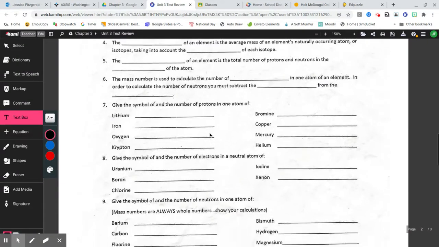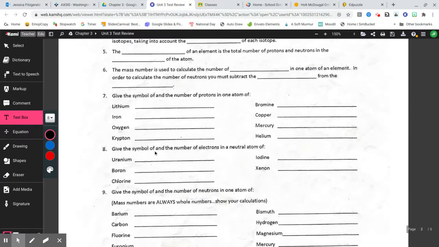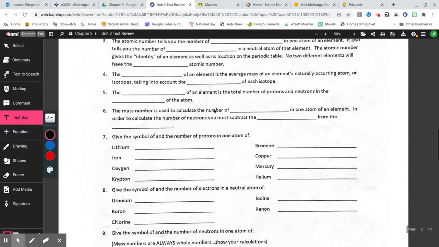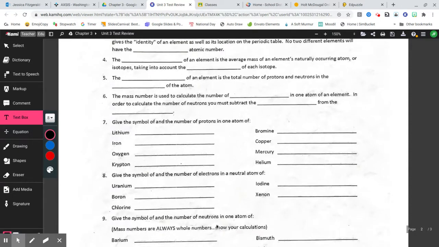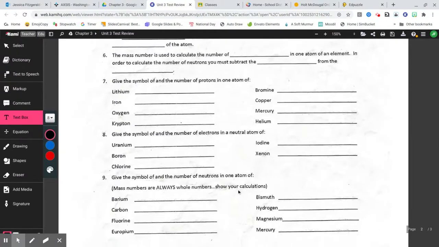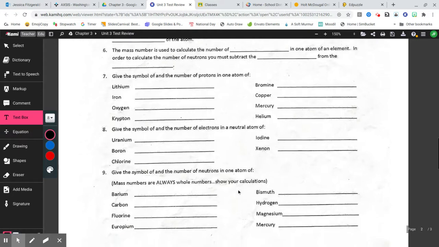And then as we go down here further, it's pretty self-explanatory. I will tell you some of these get a little confusing, so don't spend too much time getting tripped up or over analyzing what you're trying to fill in. Down here, you're going to need your periodic table to help you with writing the symbol and answering about the subatomic particle that you're looking for.